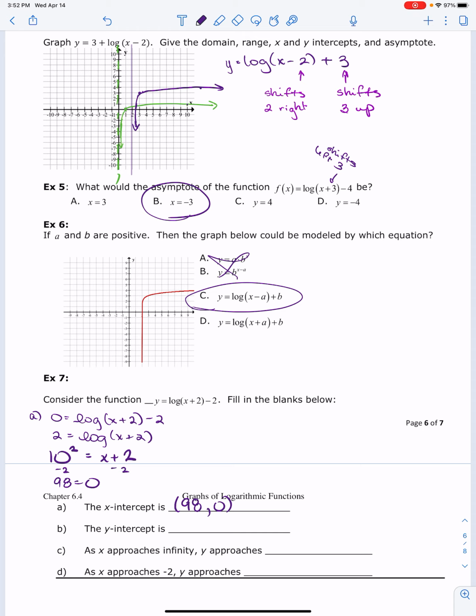Our y-intercept is where x is 0. So for b, we got y equals the common log of 0 plus 2, all minus 2. And for this we're going to need to use a calculator.